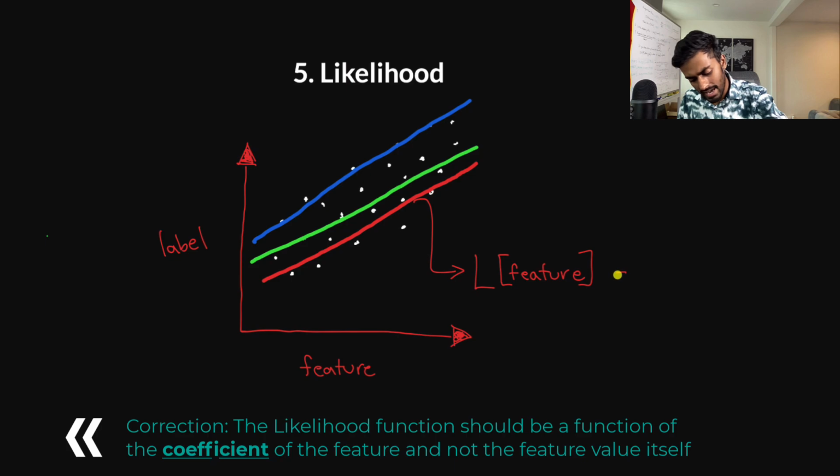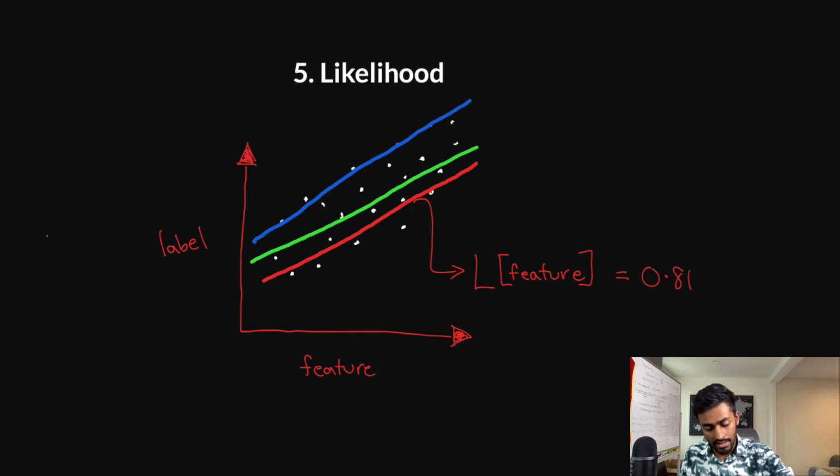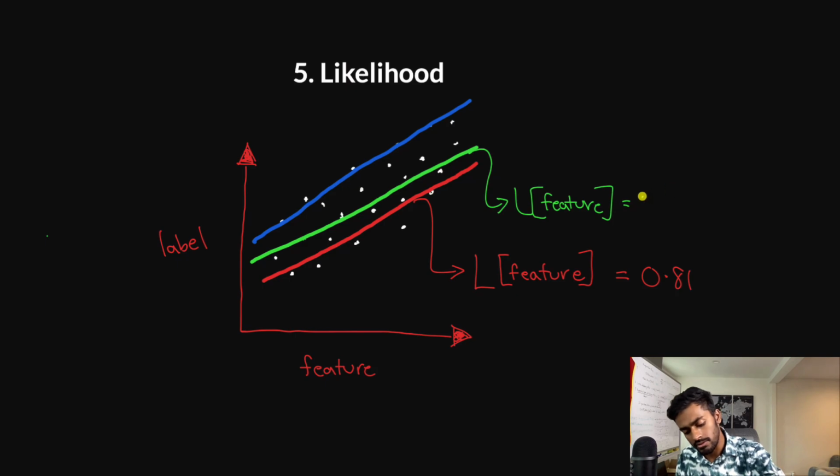Let's say that it takes on, I don't know, 0.81. And now let's write the likelihood for some other model over here, this green model, say L of feature. And let's say that this is going to be 3.28.